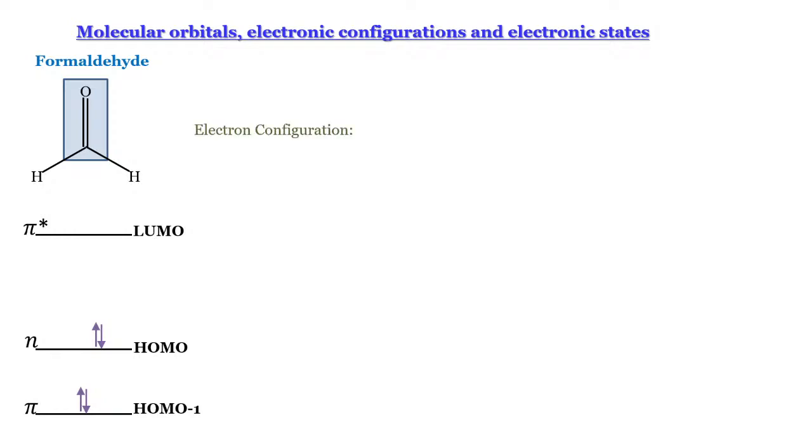I have put the cart before the horse a little bit because in the slide we have actually come to that discussion a little later. So what we said is that the way we have drawn it there, 2 electrons in pi, 2 electrons in n, that denotes an electronic state of S0, the lowest energy singlet state.